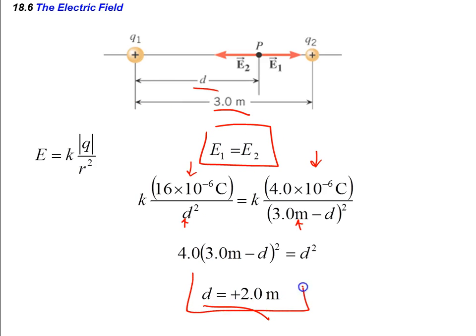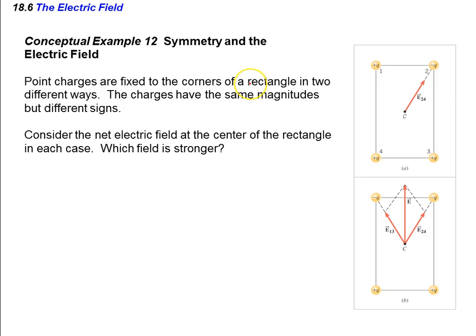So this d tells us that if we are 2 meters from this point here, Q1, then we have an electric field that cancels out with the electric field from Q2. So that is the point where we could theoretically put a charge and it would not move, because it would balance between these two electric fields.